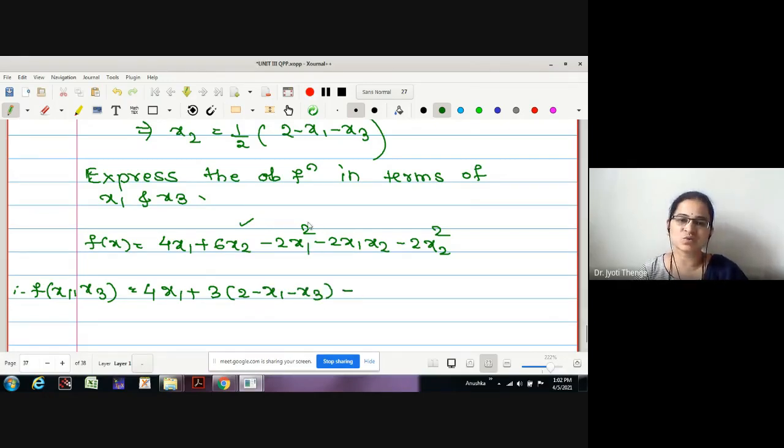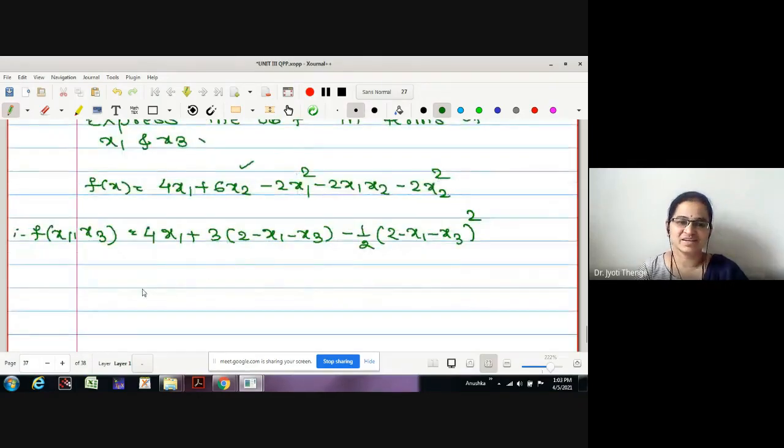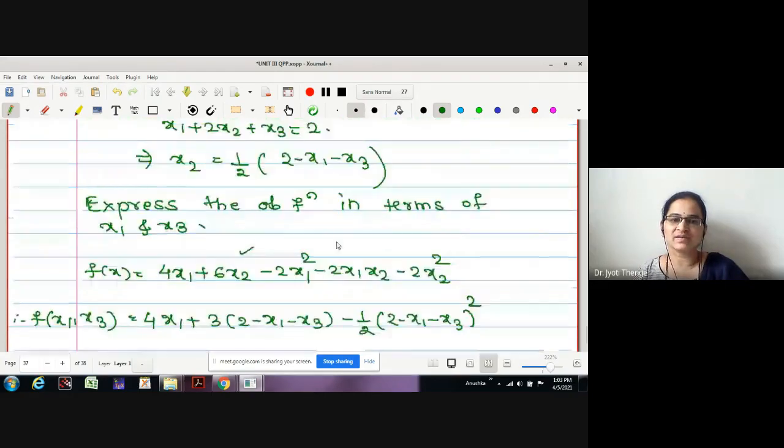Minus, again how much is the value? x1 square is 1 by 4, 1 by 4 into 2, it's 1 by 2, no? Minus, now 2x1x2 I will substitute x2 as this one.